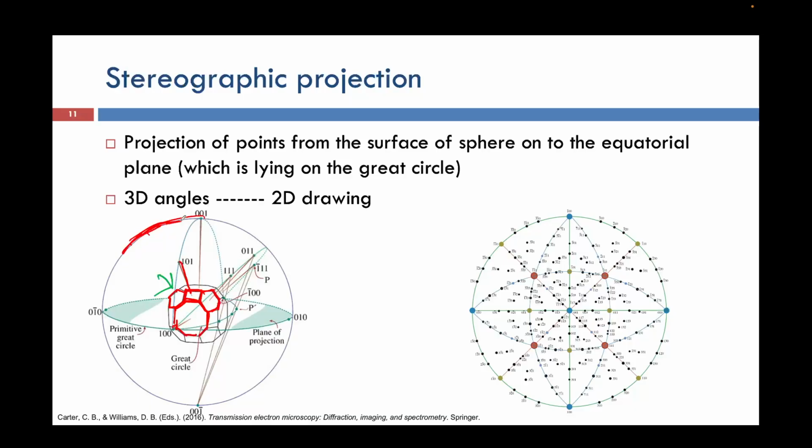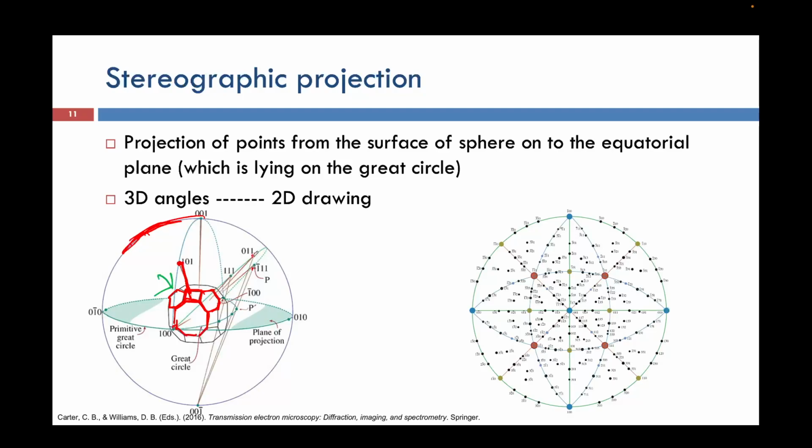Now imagine that this crystal is situated inside a sphere, and these normals which you are drawing out of the faces will intersect the surface of the sphere. Let's say those points are these ones. Now how do we define the stereographic projection?